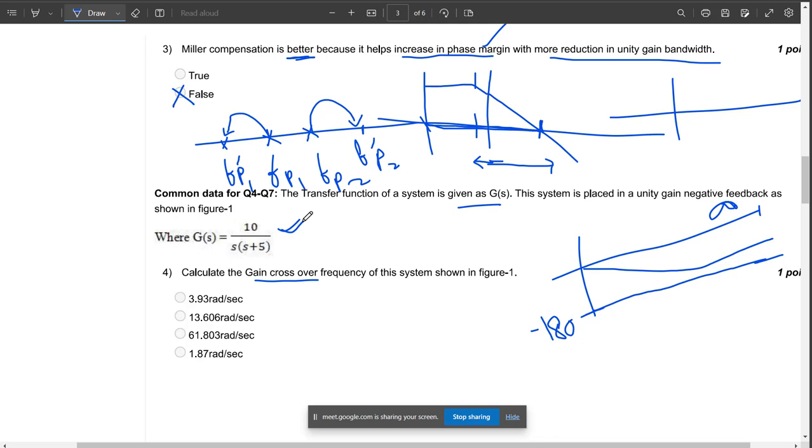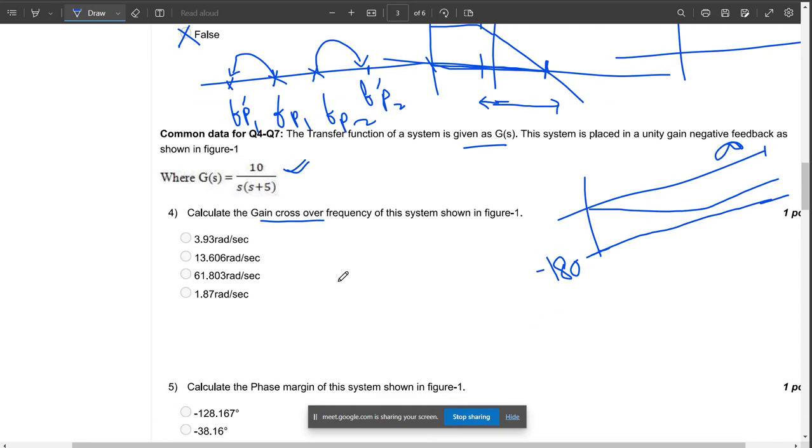So now let's try to solve the gain crossover frequency. Gain crossover frequency means the frequency at which the gain crosses the value 1.